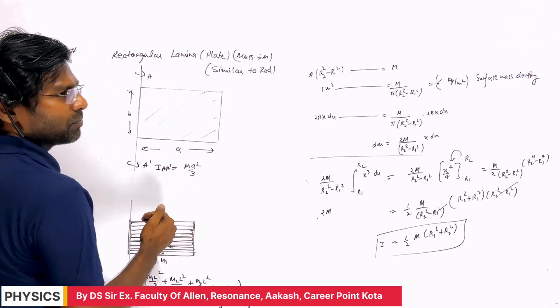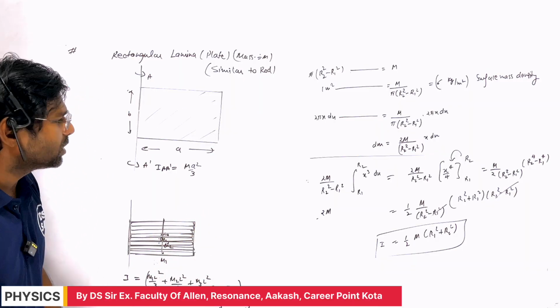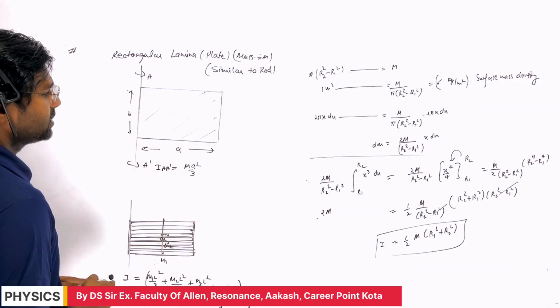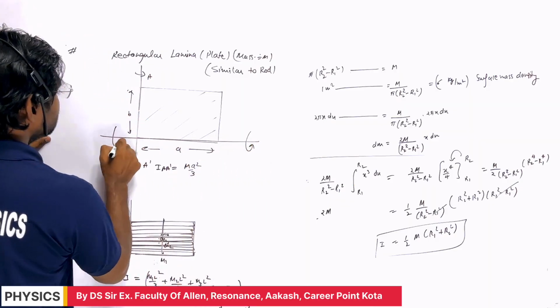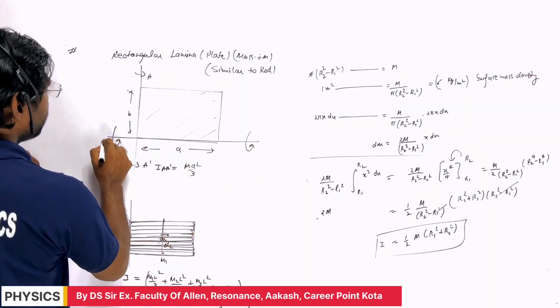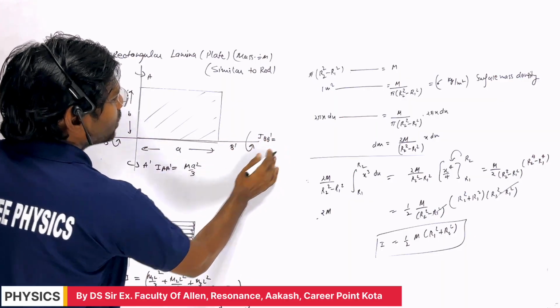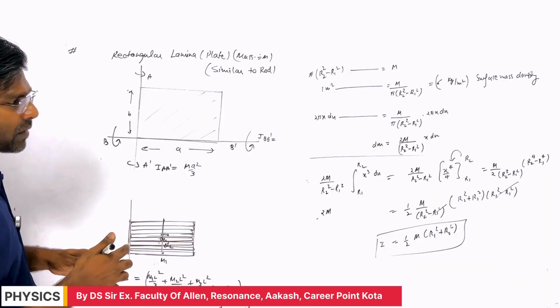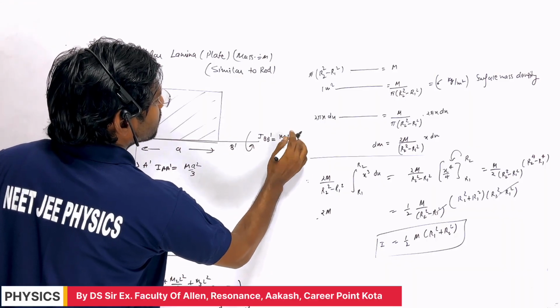The mass is the same. Are you getting? So what is the moment of inertia about this axis? Say M A square by 3. If I ask about this axis, if it is B dash, what is the moment of inertia I B dash? You tell. M B square by 3. This is the thing.